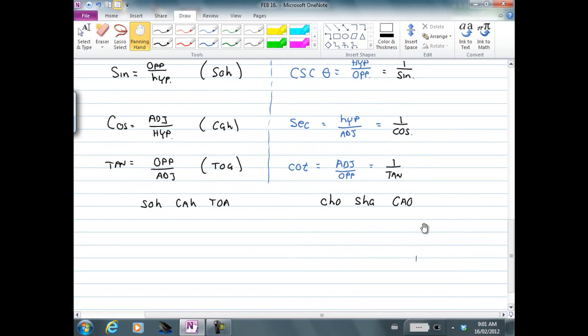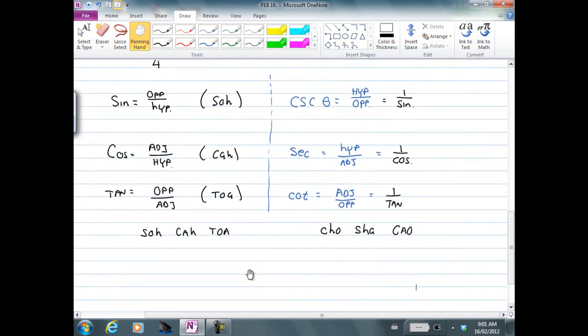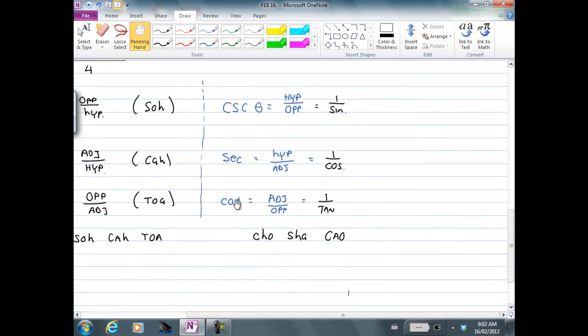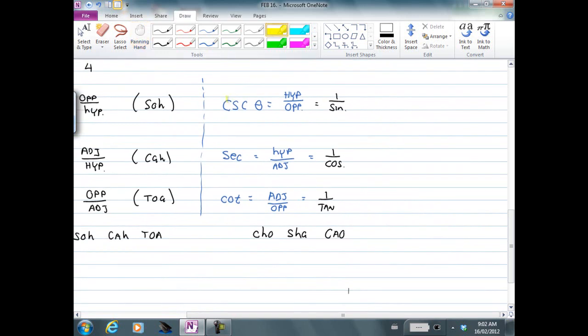Now, some of you ask me what's a quick way of memorizing this, because cosecant and secant, I always get mixed up. I'm going to show you a memory trick that will last a lifetime. You'll never forget this again. Once you see this trick, it burns in your head. Cotangent really is tan, but a lot of people get cosecant and secant mixed up, so there has to be some sort of memory trick. I'm going to highlight C. Cosecant starts with a C, but it's twisted in that it's the opposite.